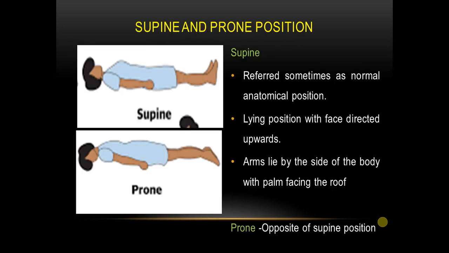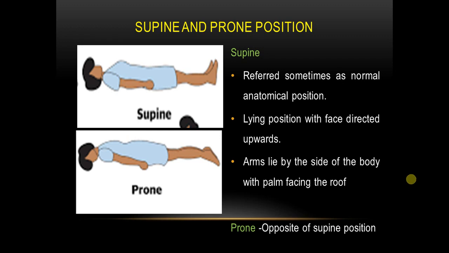Sometimes some books also refer to another position, which is called the supine position. Certain structures are described keeping this position in mind. The supine position is lying with the face directed upwards and your back resting on a surface.